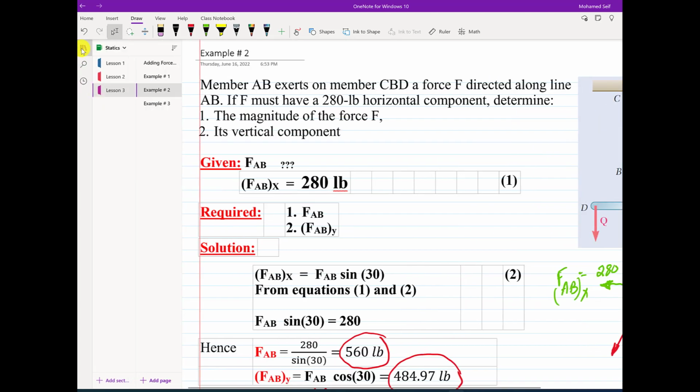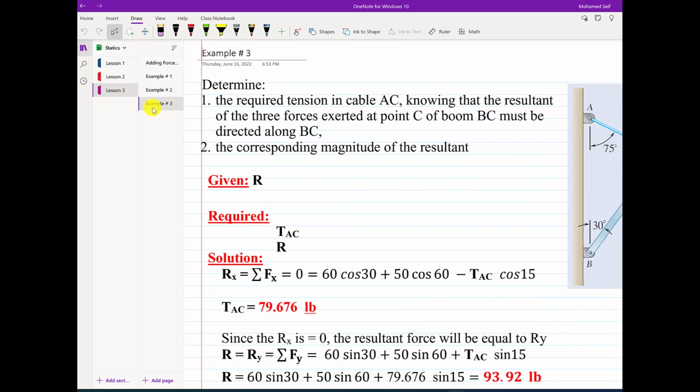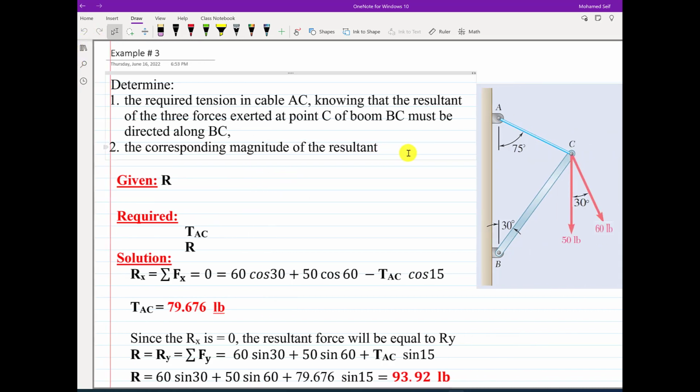So let's move to the third example. In the third example, what do I have? I have here two forces. One force is vertical, which is 50, and another force is moving to the right, 60 pounds, making 30 degrees with the vertical.